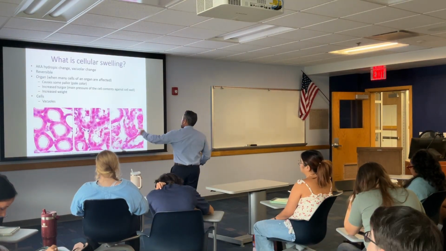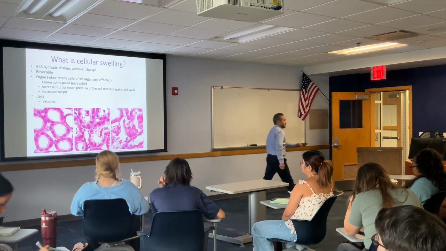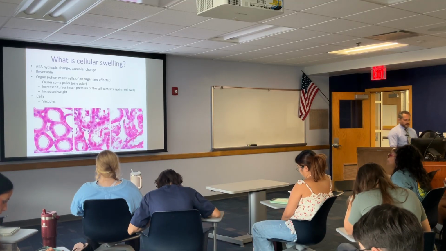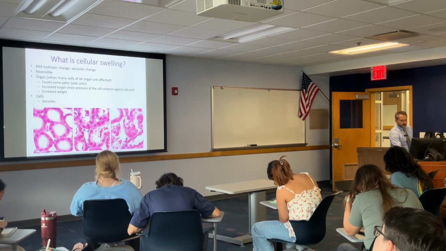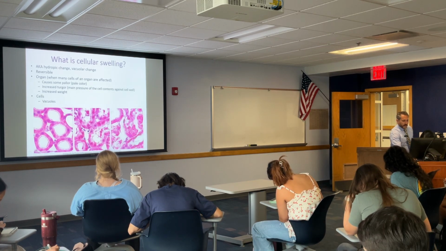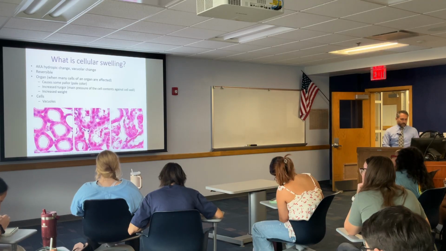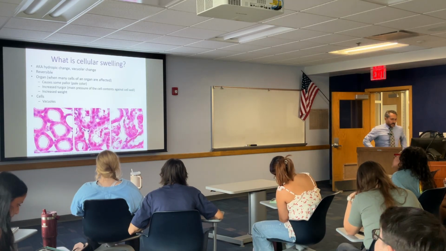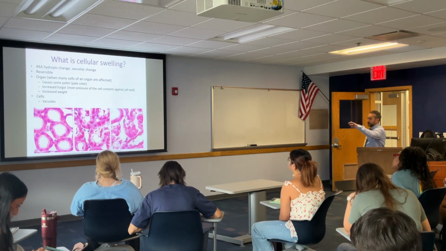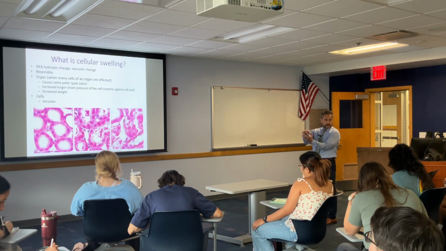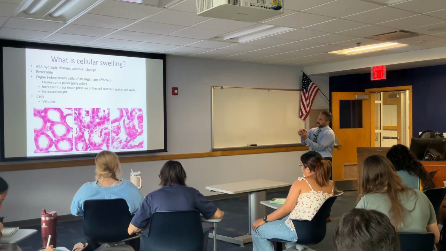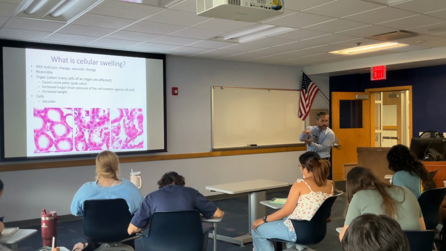All right, so let's look at cellular swelling. These are renal tubules at the bottom. What we're looking at as we move from left to right is the morphological changes in the kidney tubule. Lower left is normal. These are simple cuboidal cells. They're organized very specifically; I think they look like pineapple slices.